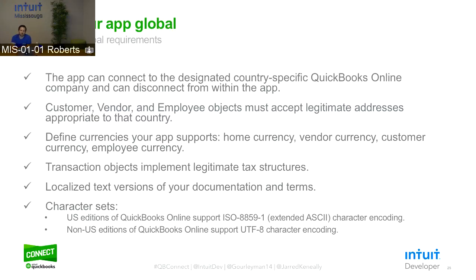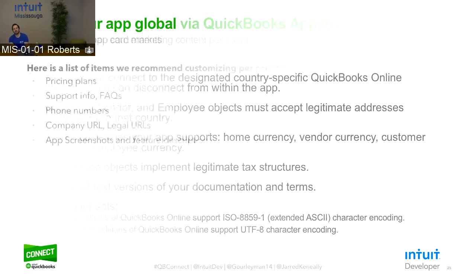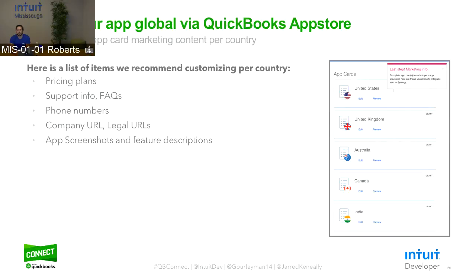Also, I want to call out some specific global requirements that you should consider as well. They're listed here. There's also plenty of documentation on the developer portal about this sort of thing. When you're publishing your app, as you add support for other regions, you can specify different app card content for each region so that you can market yourself to each region.